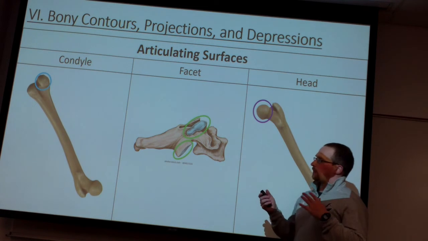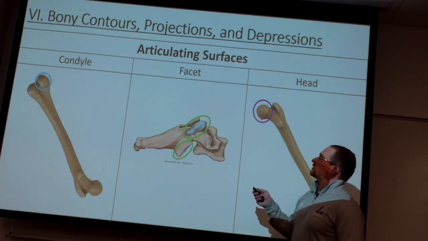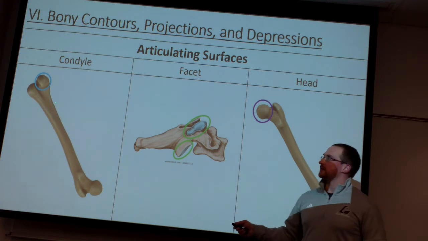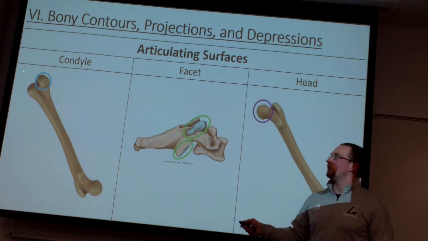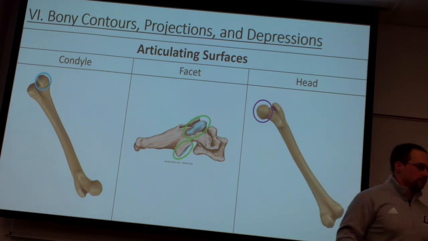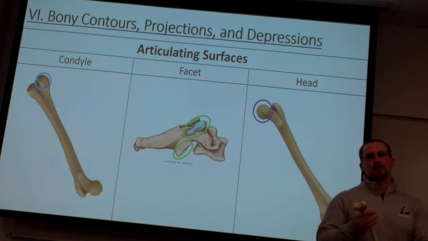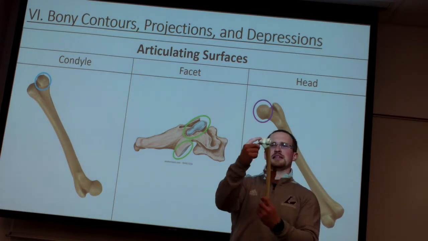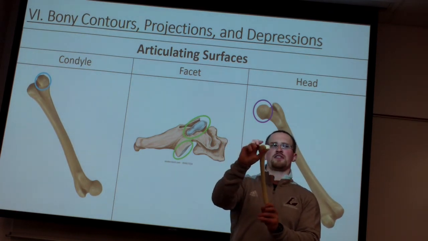And what we've got here is condyles, facets, and heads. A condyle is going to be a projection, something that sticks out of the end of a long bone. So for example here, we've got a femur. These condyles are things that project off of the end.